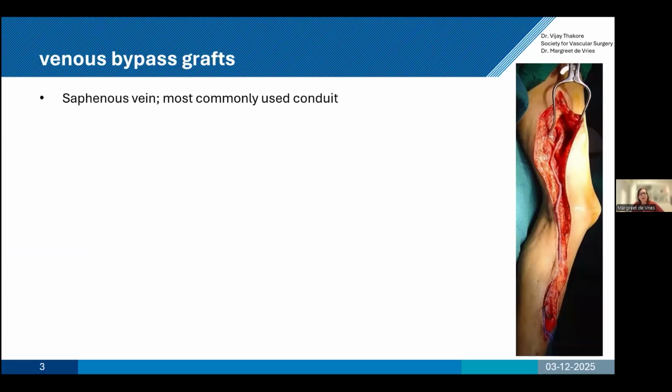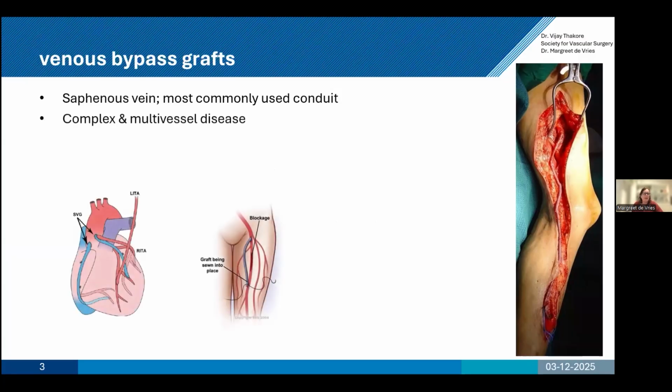The most commonly used conduit for venous bypass is the saphenous vein. It's used in complex and multivessel cardiovascular disease, either in the heart or in the legs for peripheral artery disease.